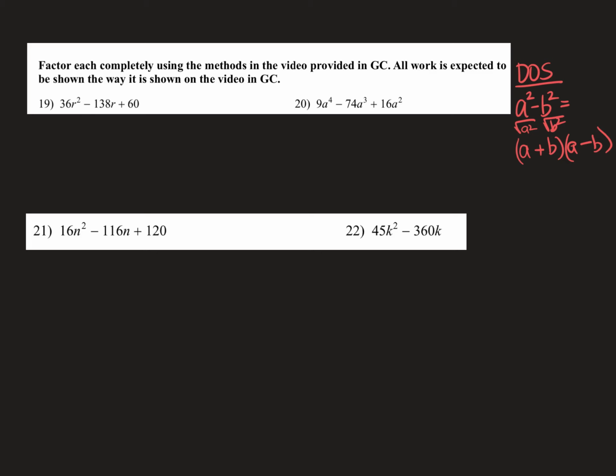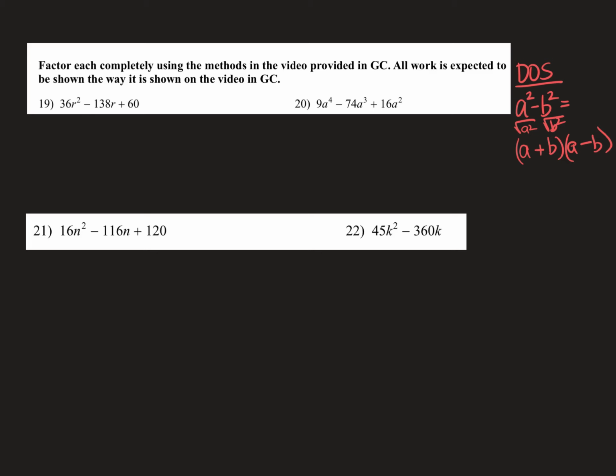All right, so we also want to look for a greatest common factor, and I'm going to say 6 is probably the greatest common factor, but I'm not certain. Yes, 6 is.